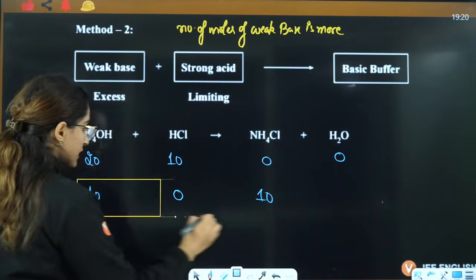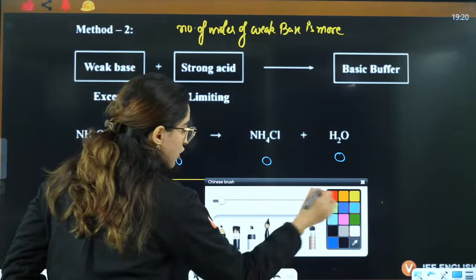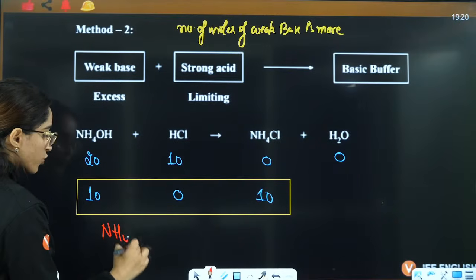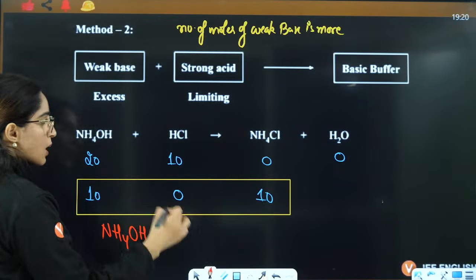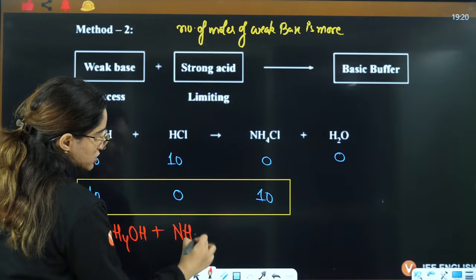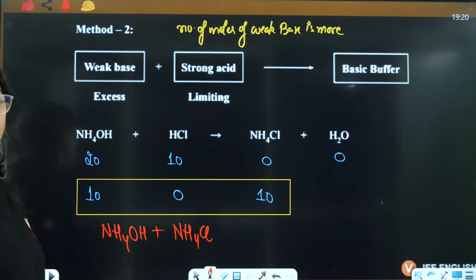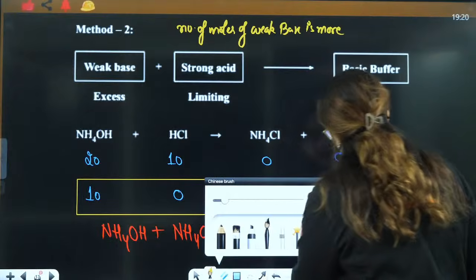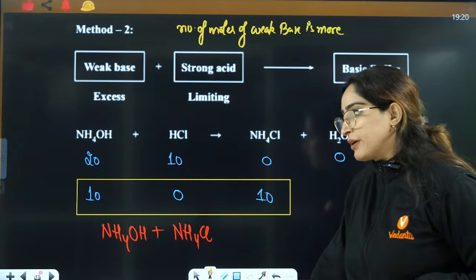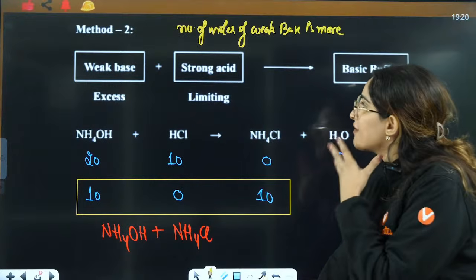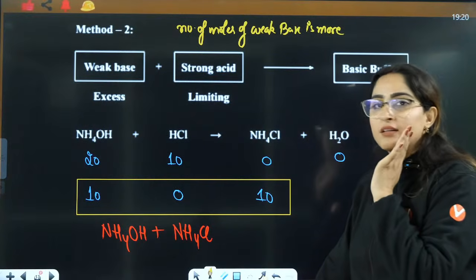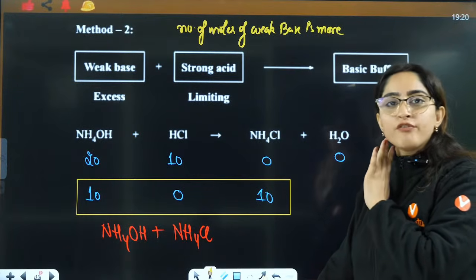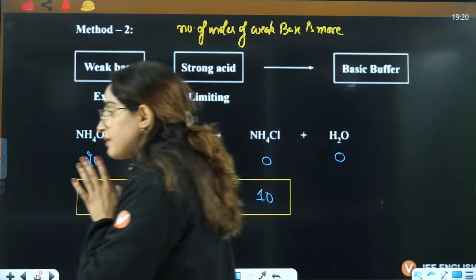Now in this situation as well, what you have in the end is NH4OH, a weak base, plus NH4Cl, a salt of the weak base with strong acid, in the solution. That means this is a case of buffer. You should not have any extra strong acid left behind in the solution; otherwise it will not be a case of buffer.